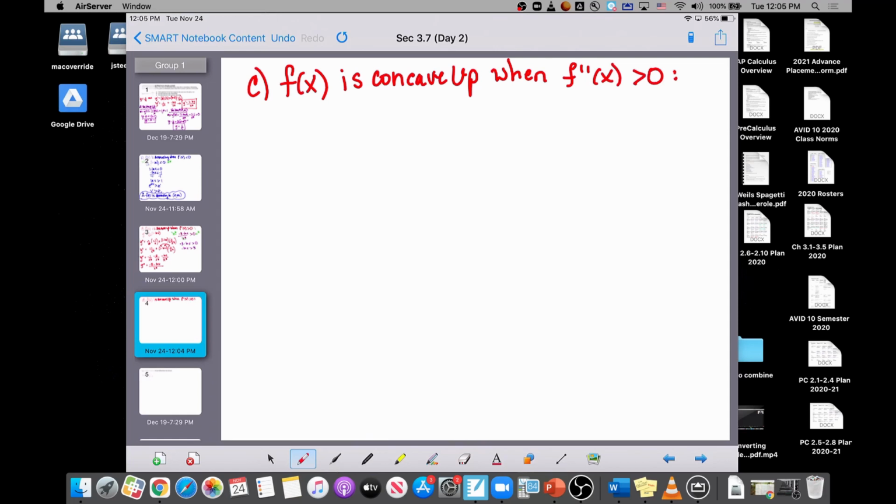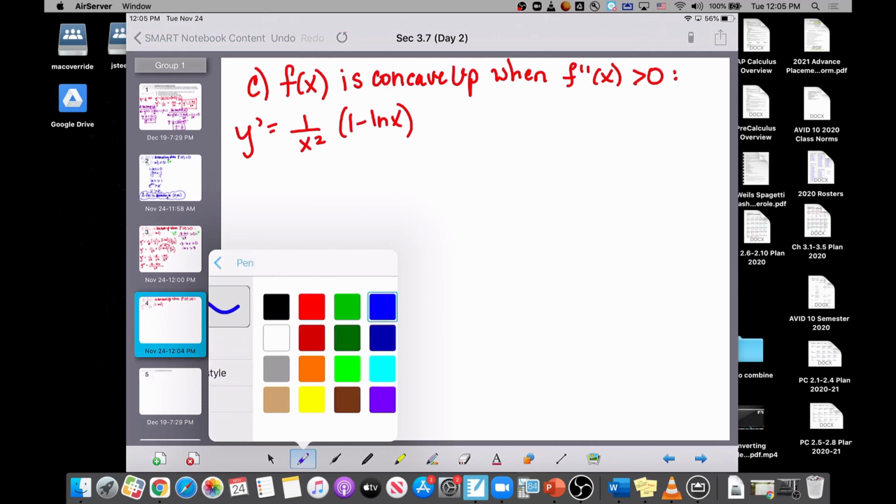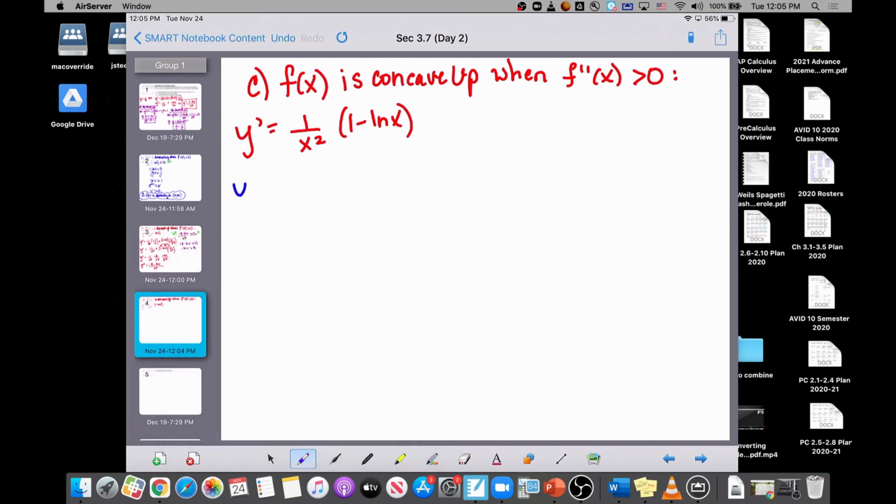My first derivative I already found, right? That's y prime is equal to 1 over x squared times 1 minus ln x. And again, I wrote it like this because then it's a product, and I can use the product rule again when I'm finding my second derivative. So that's going to be my first job, is to find my second derivative using the product rule.